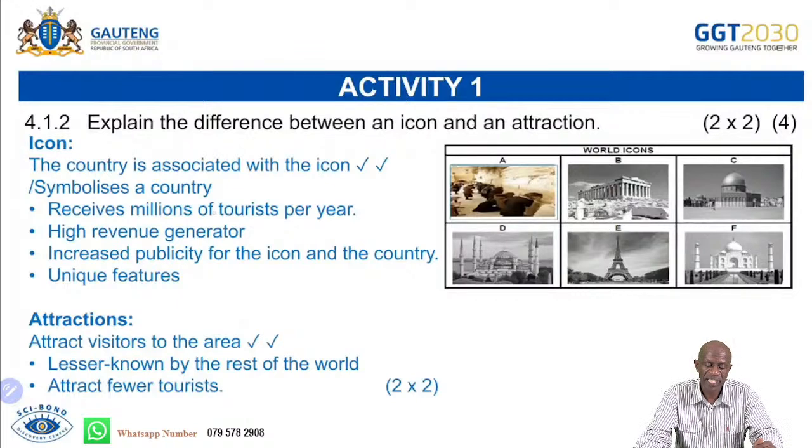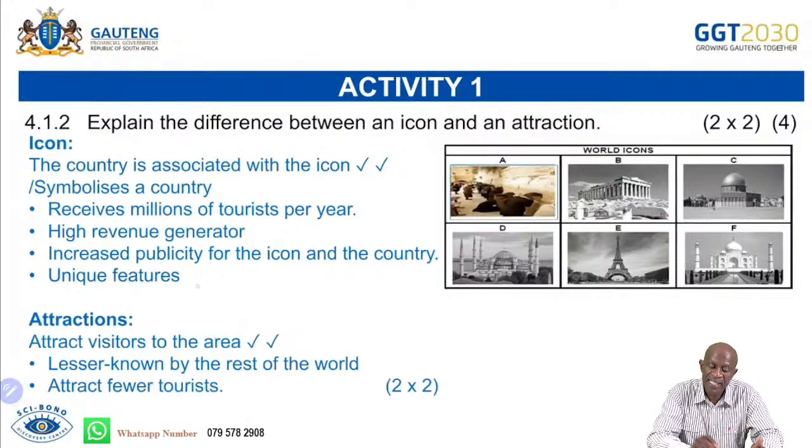High revenue generator, it generates a lot of income for both the people and the country or government. It has increased publicity for the icon and the country, so it is well known. It makes a country or such an icon very public or very well known.